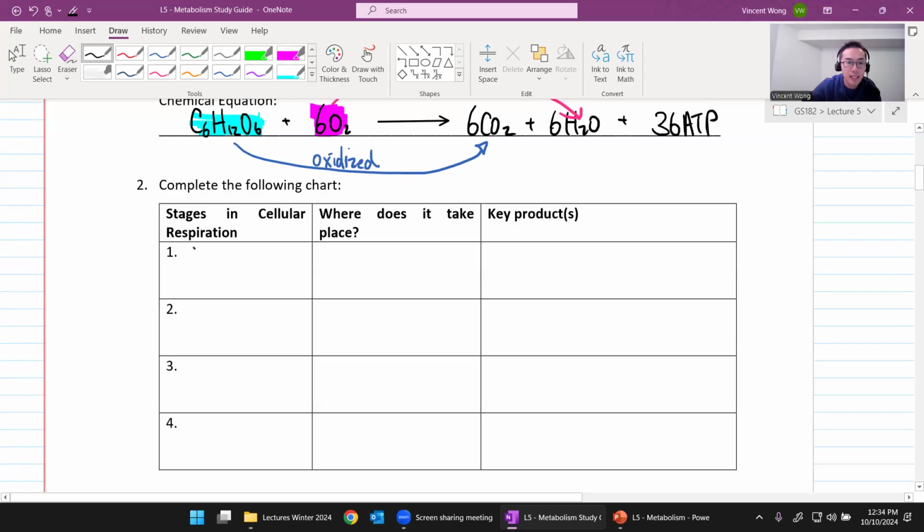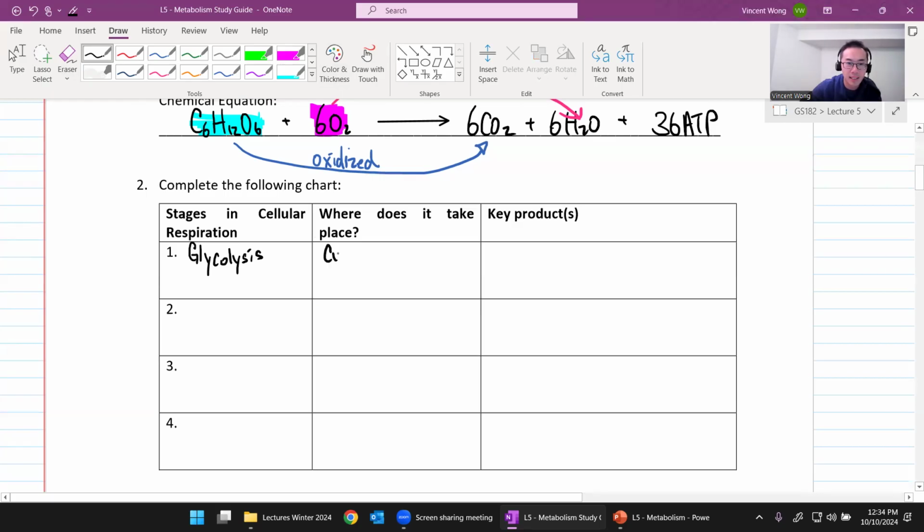So the first stage is called glycolysis. Glyco is sugar. Lysis is to break. Does anybody remember where glycolysis takes place in a cell? Cytoplasm. Excellent.